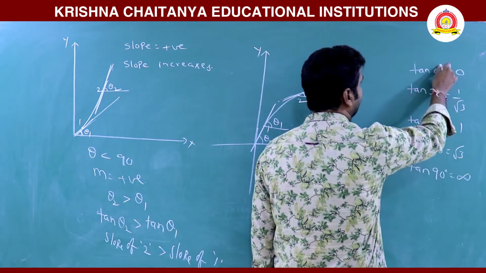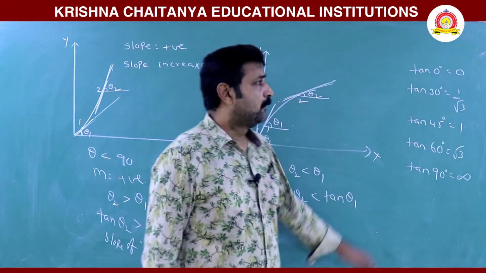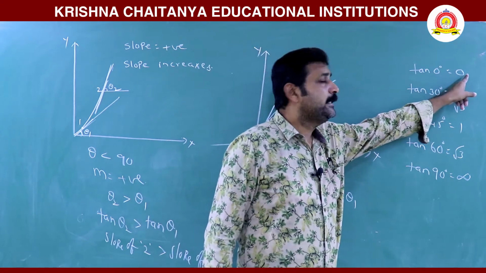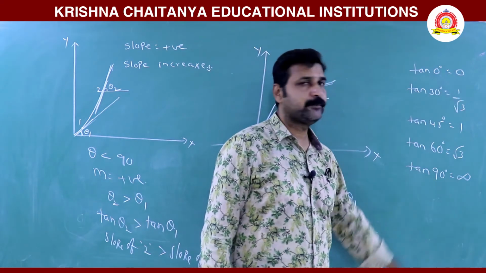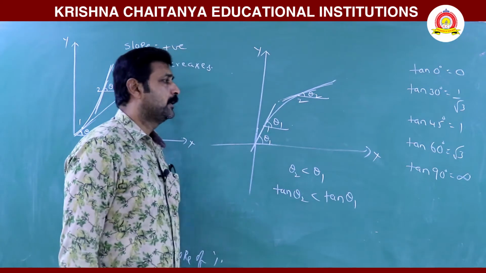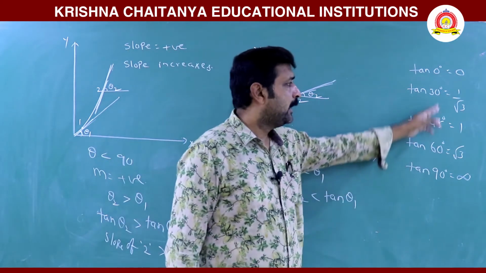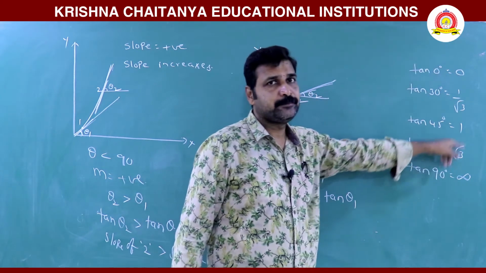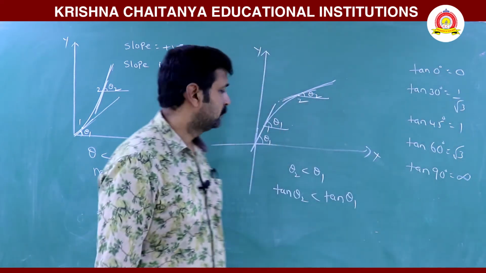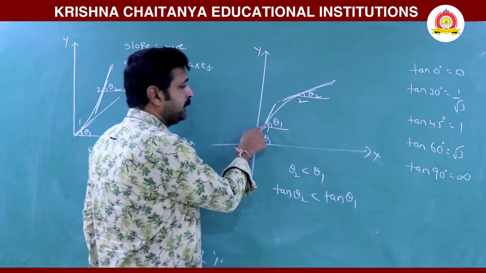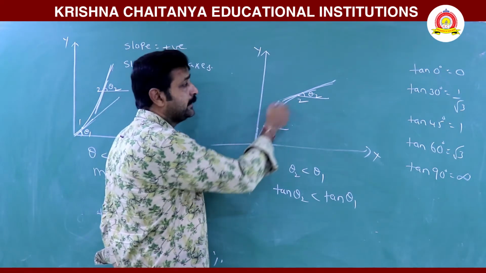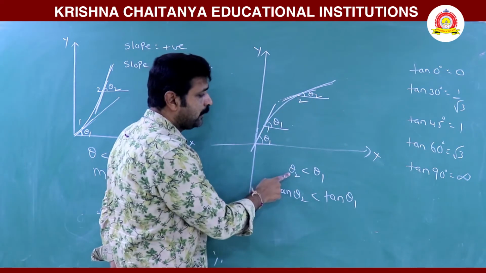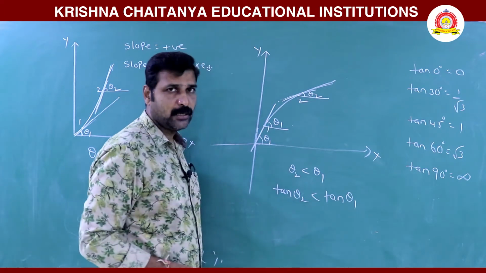So as the angle increases from 0 to 90, the tangent value increases from 0 to infinity. For angles less than 90 all values are positive, and as the angle increases from 0 to 90, the value also increases. Since theta 2 is less than theta 1, the angle is small, so the tangent value is also small.